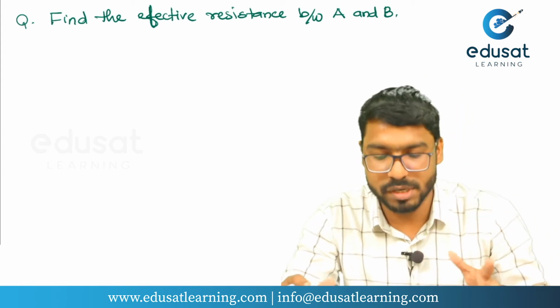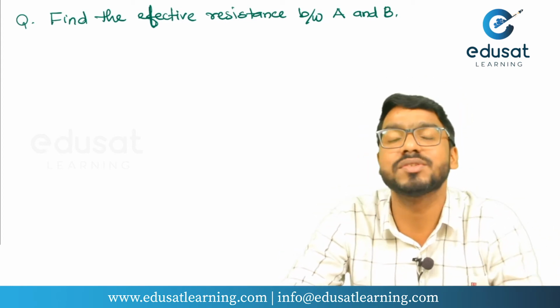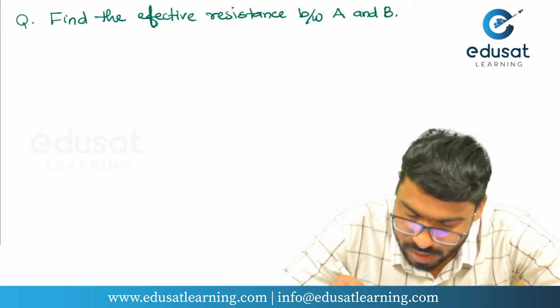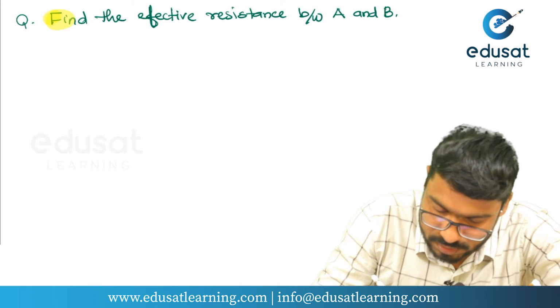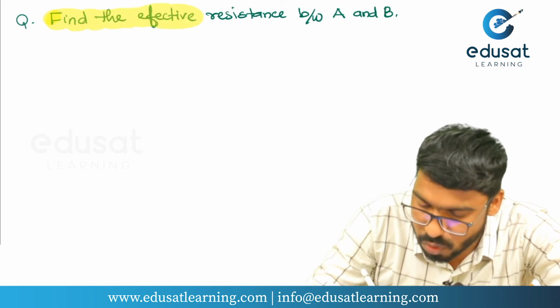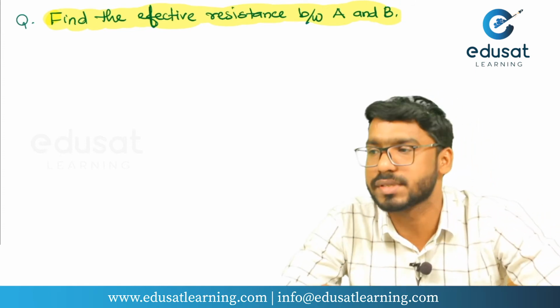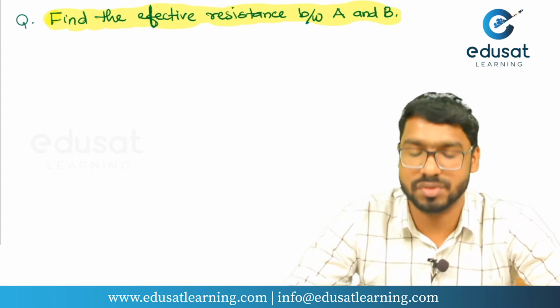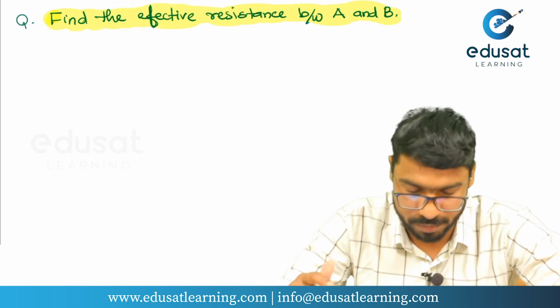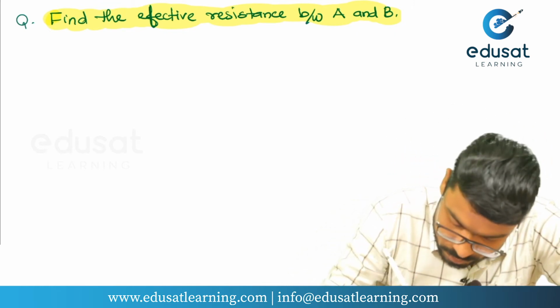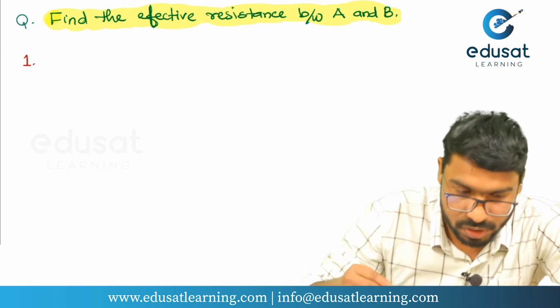Okay, going to discuss. Find the effective resistance between A and B. First network.